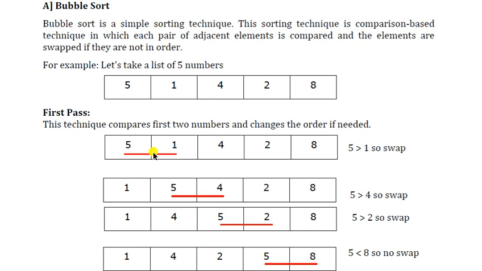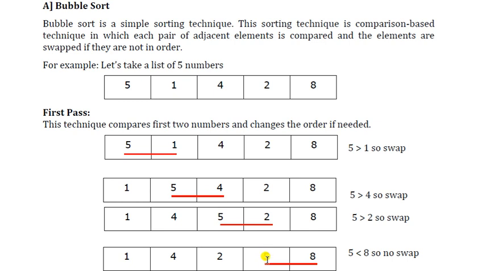Swap is done. Then the 5 is again compared to 4. 5 is greater than 4. Again there is a swap. 4 comes here and 5 goes back to the second position. Then the 5 is compared to 2. 2 is again lesser than 5, so it gets swapped.